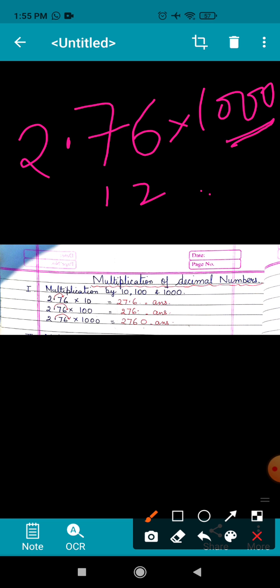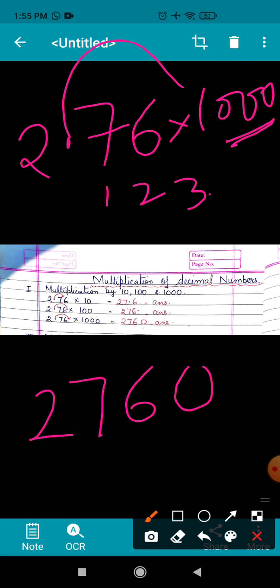You will put 0. Okay, so the answer will become 276 and 0 and then point. As I told you before, we never write decimal at the extreme right side. So we will simply write it 2760. Children, I hope you all have understood this method nicely.